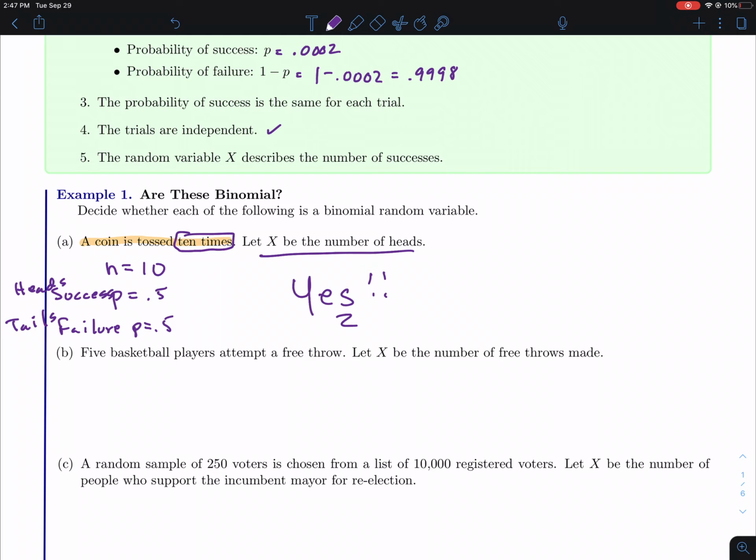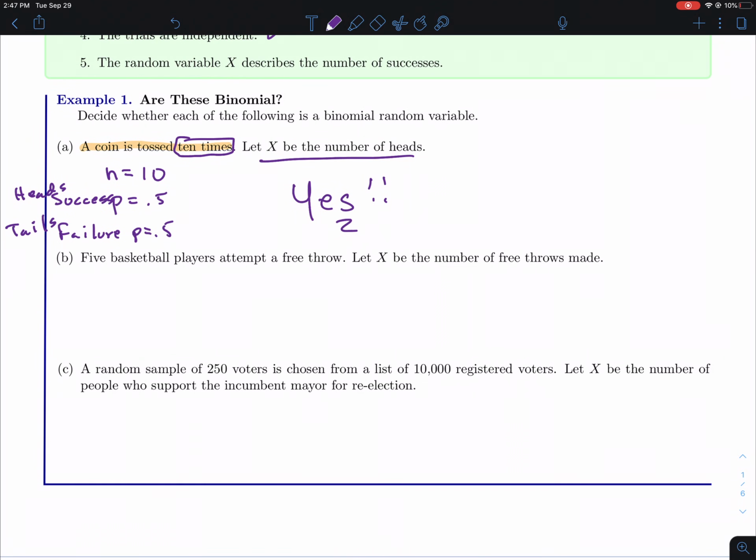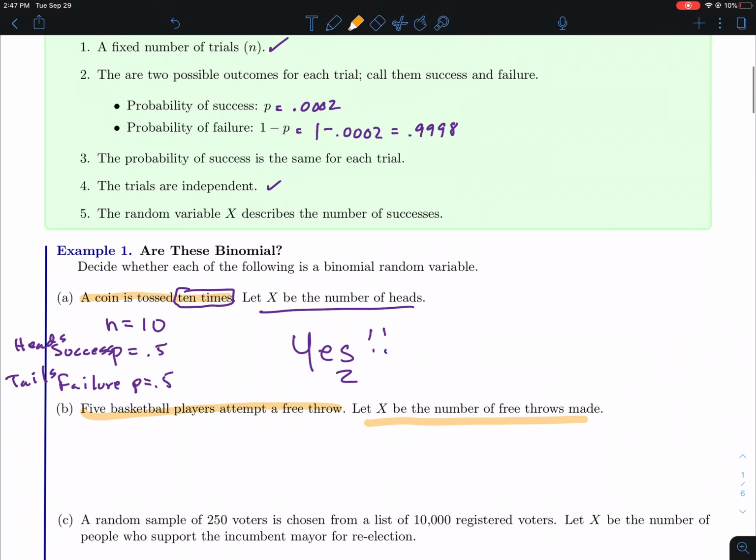All right, so let's look at letter B here. So 5 basketball players attempt a free throw. Let X be the number of free throws made in this case. So this one turns out not to be one, just because we've got 5 different players that are involved.